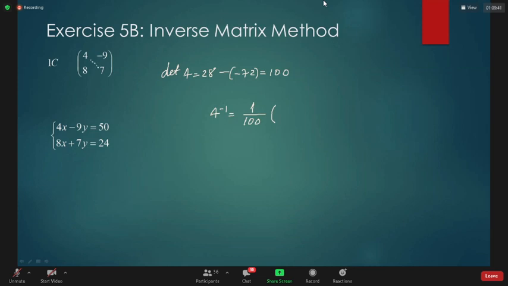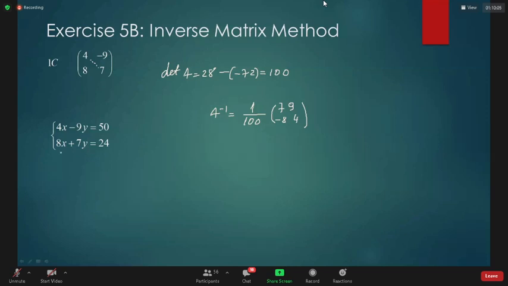4 and 7 simply swap places, and the other two elements simply change signs, from -9 to +9, and from 8 to -8. So this is the inverse matrix. I could multiply the 0.01 into the matrix, but I won't do it at the moment. I will leave it to the end.